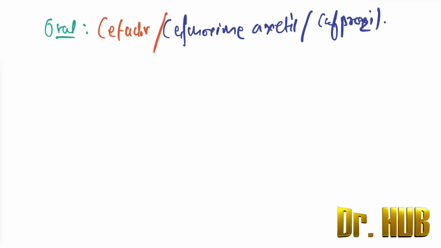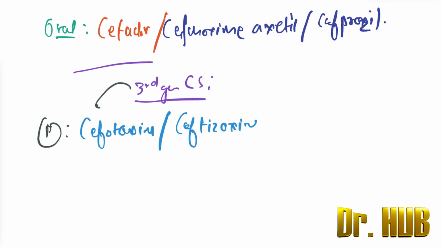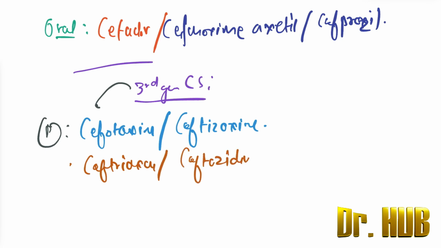Next we move on to the third generation cephalosporin. So in the third generation cephalosporin, again the parenteral, it includes the cefotaxime. Then there is the ceftriaxone as well as a ceftazidime.